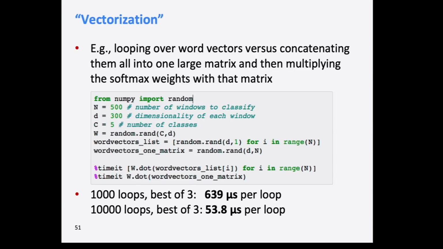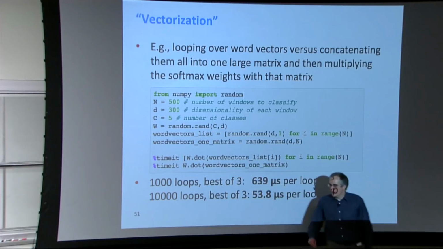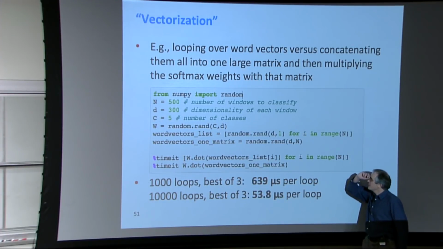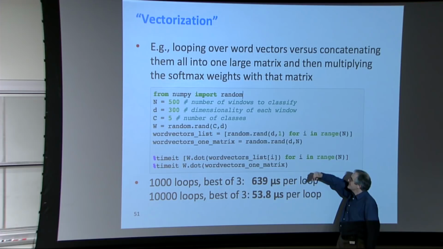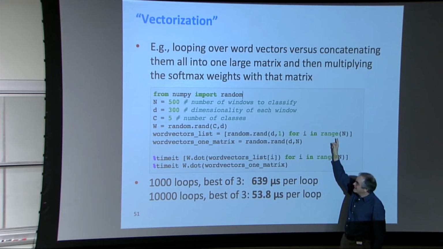What that means is, the straightforward way to write a lot of code that you saw in your first CS class is you say for i in range n, calculate random rand d1.